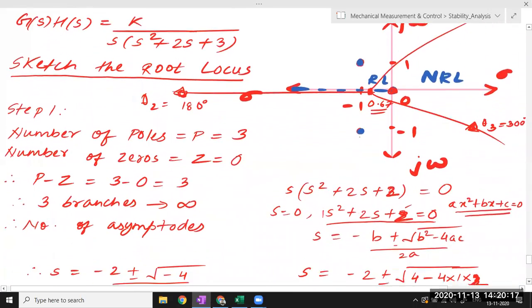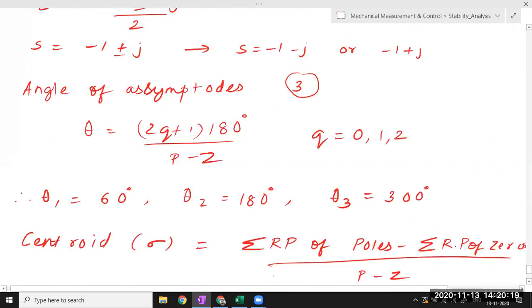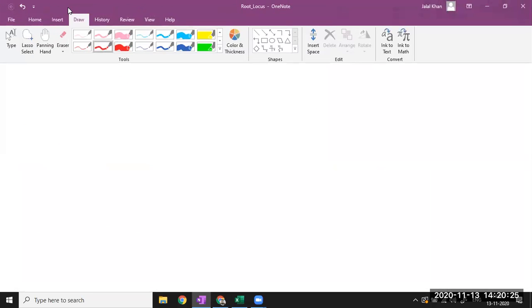Okay. So now what do we need to do? We need to find the breakaway point. I'll draw that root locus again for you in a simple way.